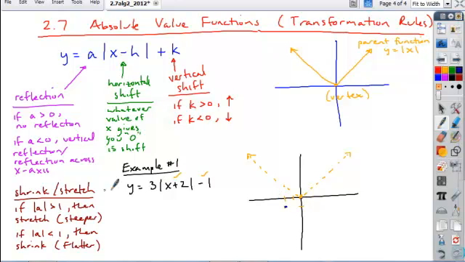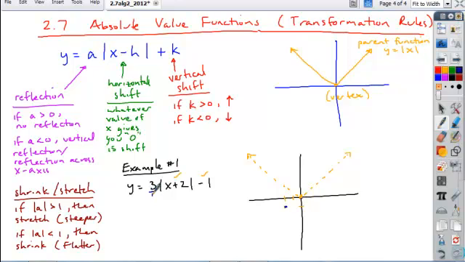And is there going to be a shrinking or stretching effect? The absolute value of this multiplier out front is greater than 1, so it's going to be stretched, or steeper. And in actuality, the stretch of an absolute value graph is very consistent. It's a as a slope.